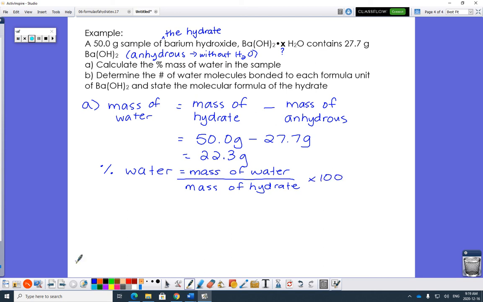So just like with any percentage, it's always the part over the whole. You just have to remember the whole compound includes the water, the hydrate, not the anhydrous.